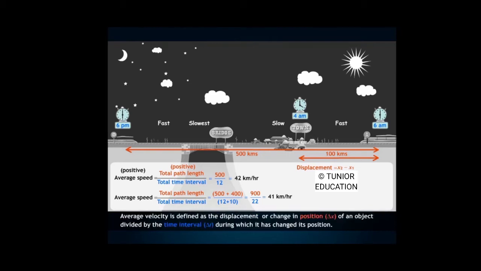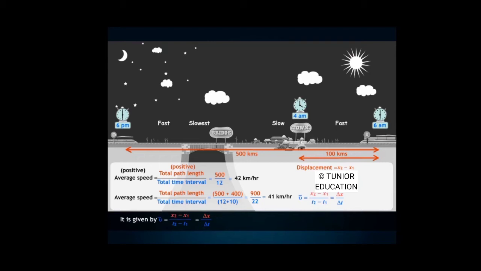Average velocity is defined as the displacement or change in position, delta x, of an object divided by the time interval, delta t, during which it has changed its position. It is given by v-bar equals (x2 minus x1) by (t2 minus t1) equals delta x by delta t. The bar over v is a notation used to represent that it is an average quantity.